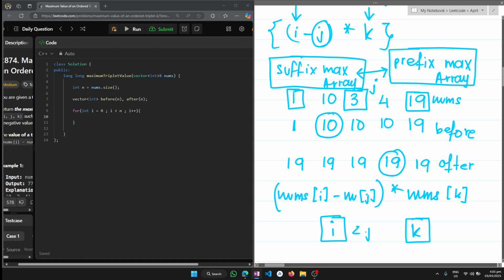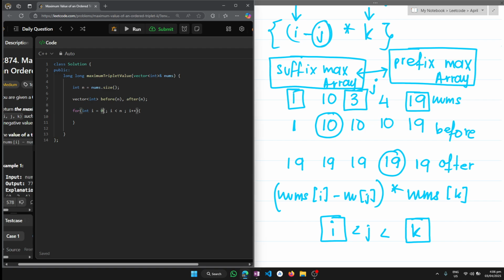Because we know that k must be greater than j and j must be greater than i. So this is basically your possible range in order to select j. And if you put j over here, you can take, for example, this number and this number, and so on and so forth. Right. So I actually don't need to start from 0. I can start from 1.